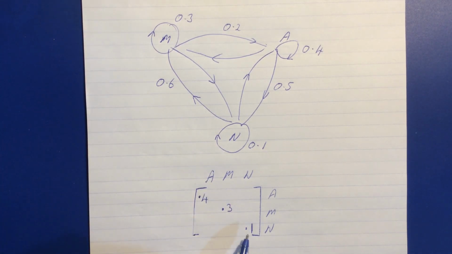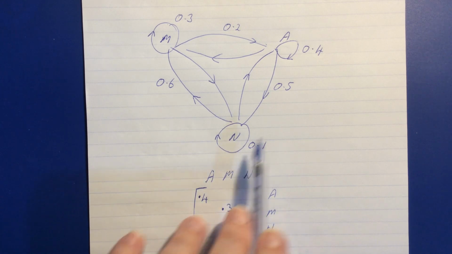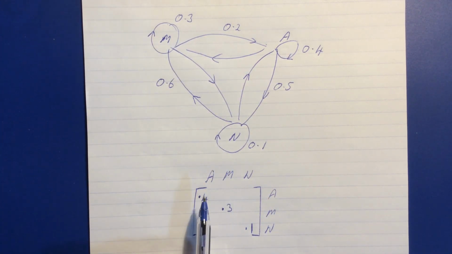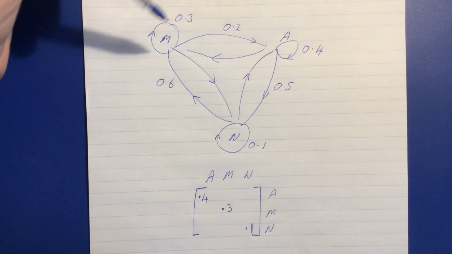So, first golden rule of transition matrices, this diagonal, top left to bottom right, hosts the values that you see here. That tells you what remains at A, what remains at M, what remains at N. Now, what other information do we have?